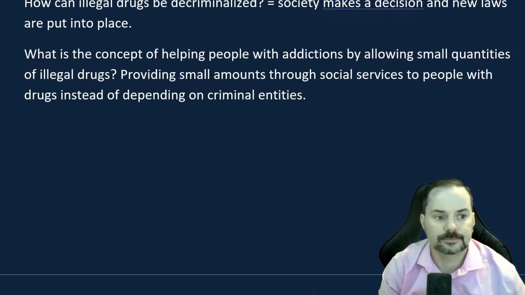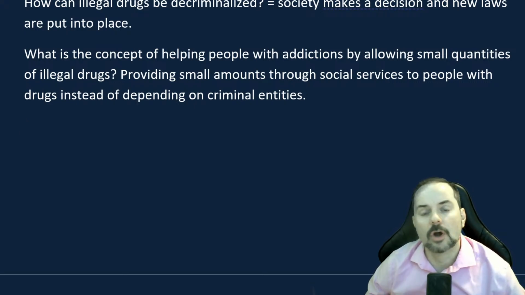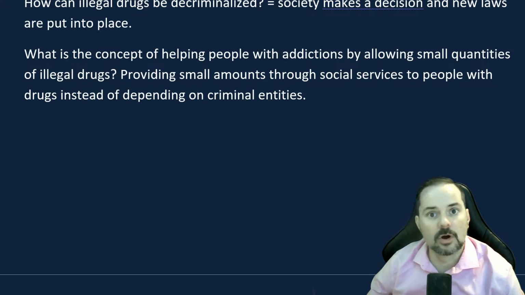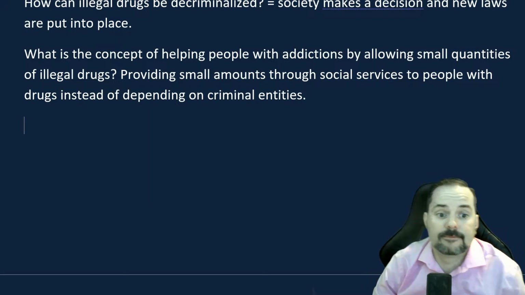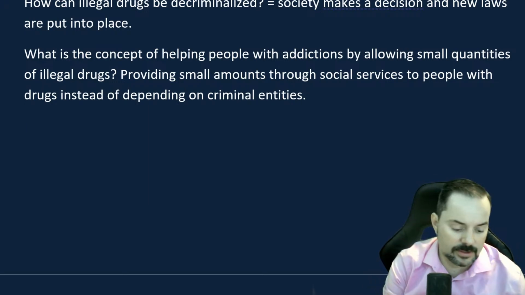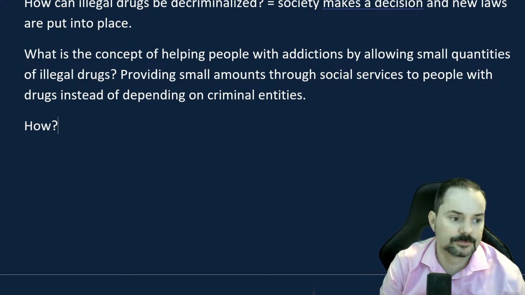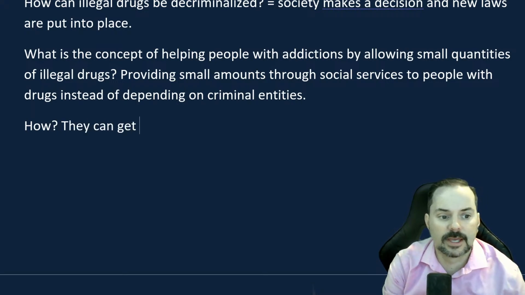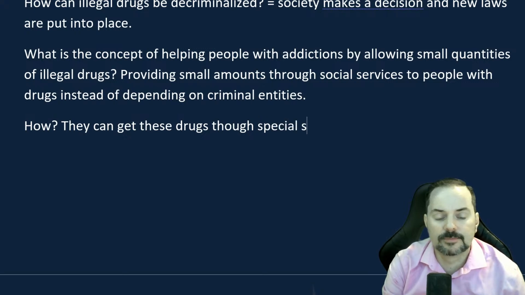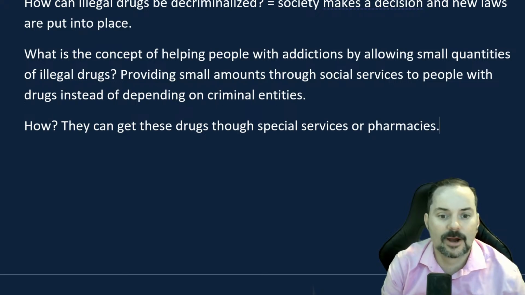Okay. All right. So a person can get their small amount of drug from a pharmacy, right? So that would be the how question. They can get these drugs through special services or pharmacies. Okay. All right.